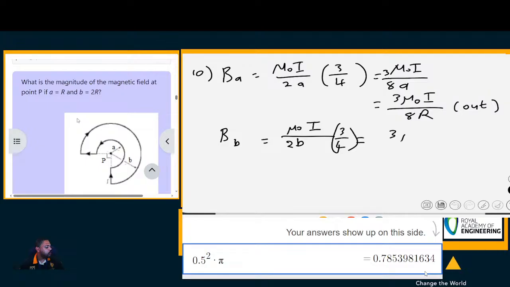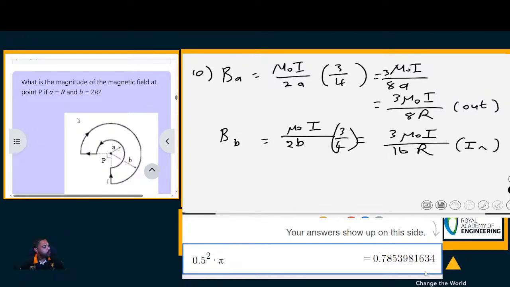So it is 3 mu naught I over, 4 times 2, that's 8, times B, which is 2R. So it is 8 times 2, which is 16R. And that's into the page at point P. You can check it there.